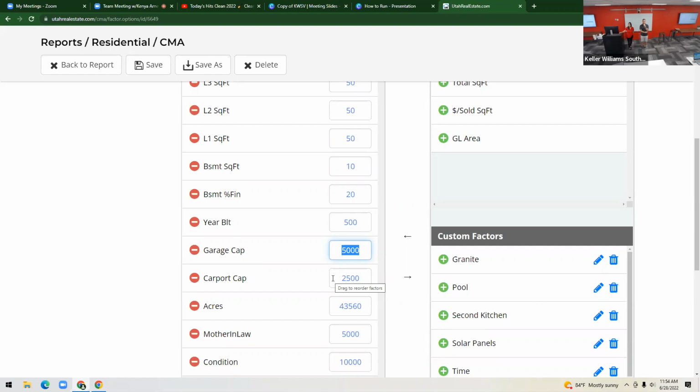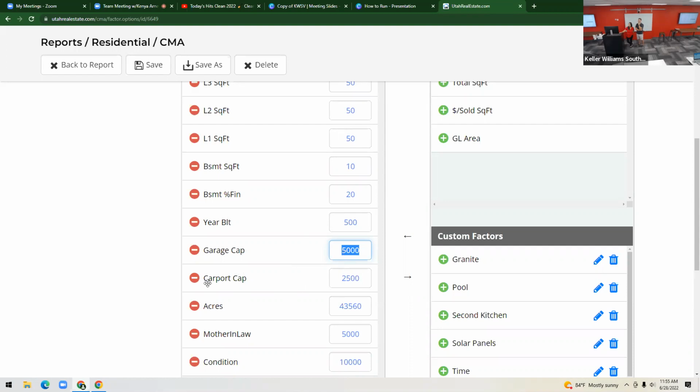The way garages are valued downtown Salt Lake, in Sugar House with a detached 2-car garage behind your 1930s bungalow, people pay a lot more for that than not having a covered parking spot, versus maybe a garage in Taylorsville, West Jordan, or West Valley, where you may not get as much of a bump for an additional garage bay. So it's going to vary: $5,000 to $10,000. Carport, I usually do half. If you're doing $5,000 for a garage, do $2,500 per carport bay. So a 2-car carport could be worth the same as a 1-car garage.